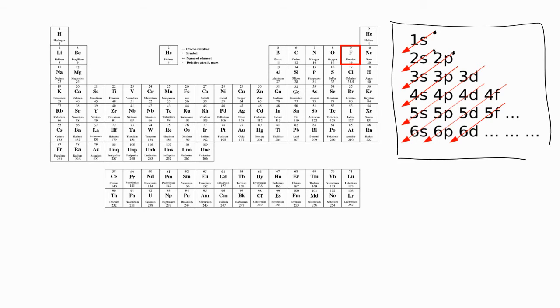So you have to know that the s orbitals, if they're full, can hold 2. The p orbitals, if they're full, can hold 6. And the d orbitals, if they're full, can hold 10.